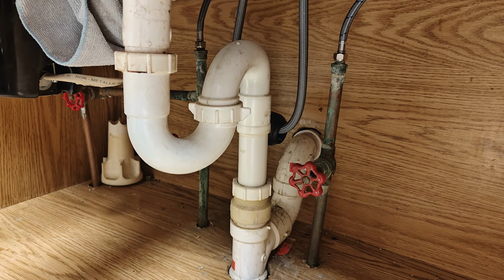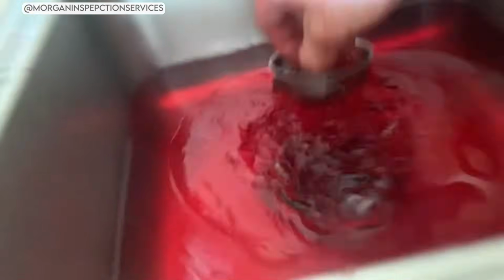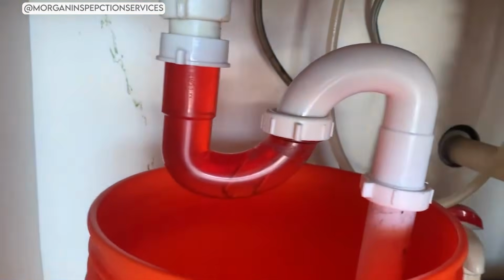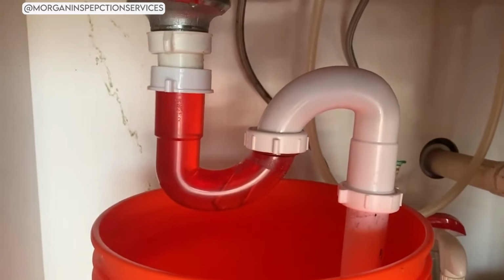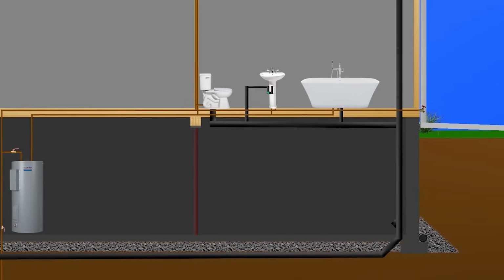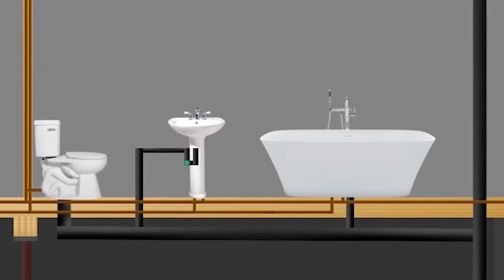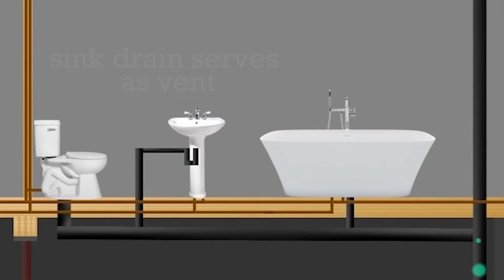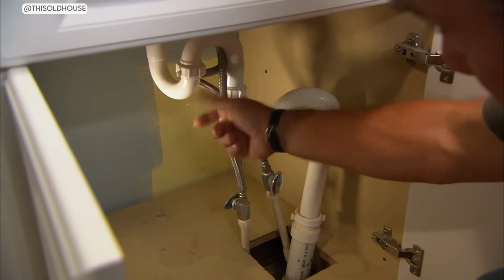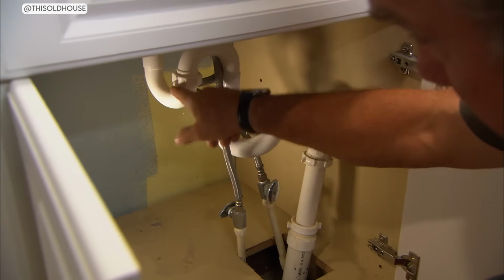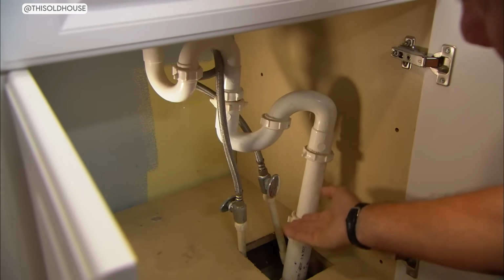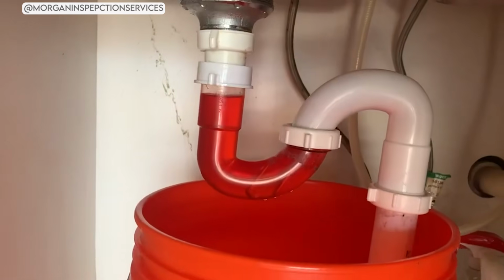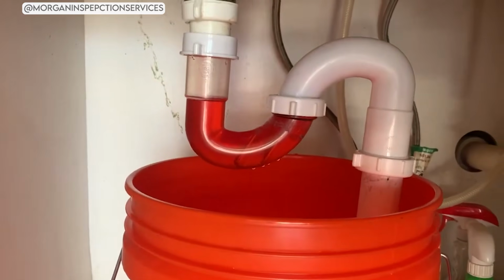Plumbers were not negligent or careless. The codes at the time either allowed S-traps or simply did not address the siphoning issue at all. Venting requirements were also much less strict in earlier decades. Many older homes have minimal or inadequate vent systems, and when S-traps were installed without proper venting, the siphon problem was even worse.